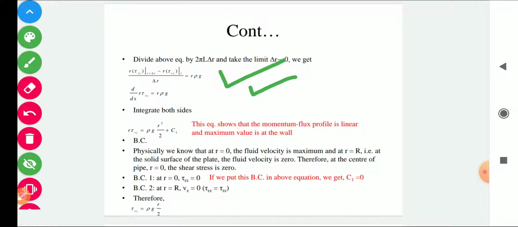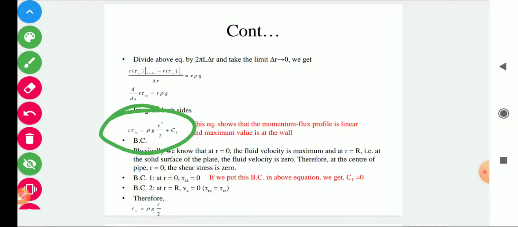To solve for the shear stress, we need to integrate this equation. So integrate the above equation and finally you will get this equation. To solve for the integration constant C1, you need to know the value of the boundary condition. Also, this is the equation of a line.